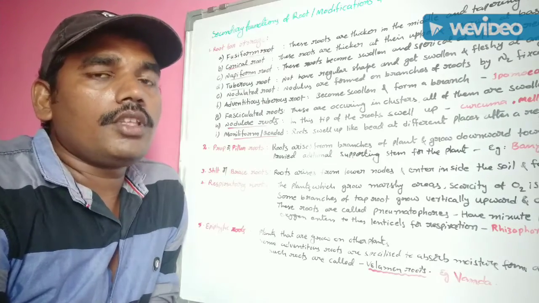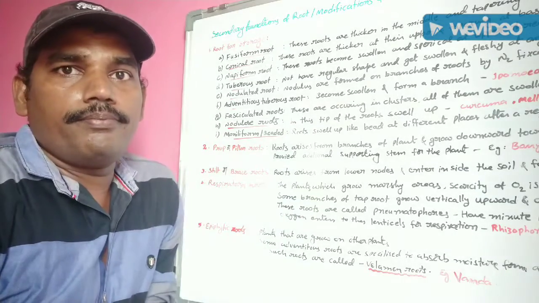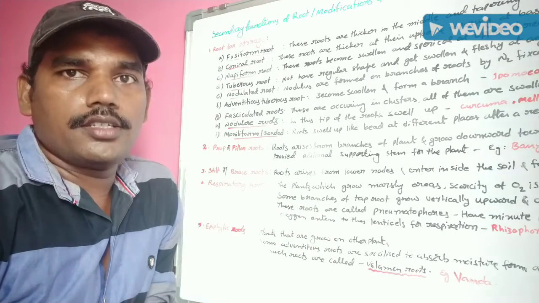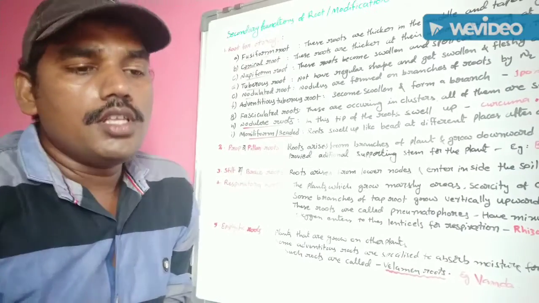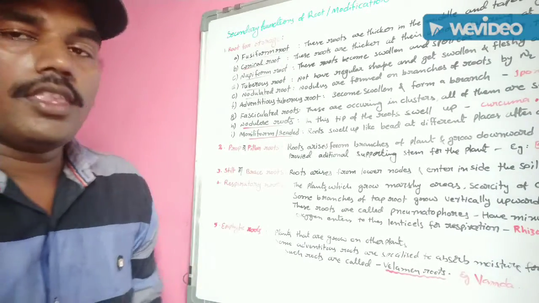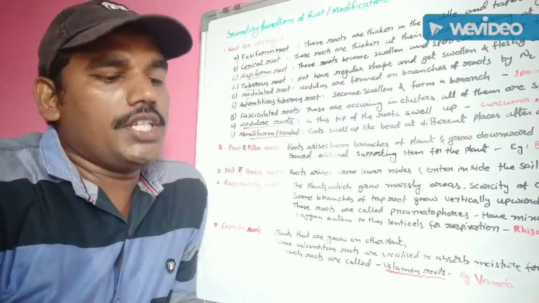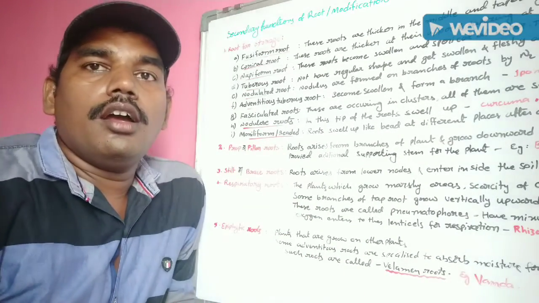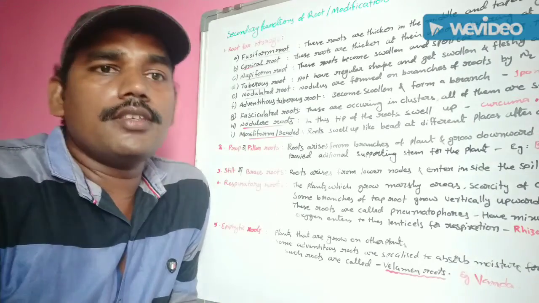Understand? So how is this root modified? In performing secondary functions, what type of secondary functions are done by this root? Some are like storage of food material, nitrogen fixation, and assimilation, which means performing photosynthesis.